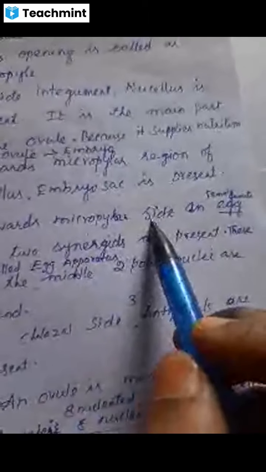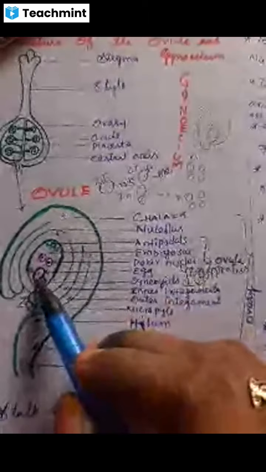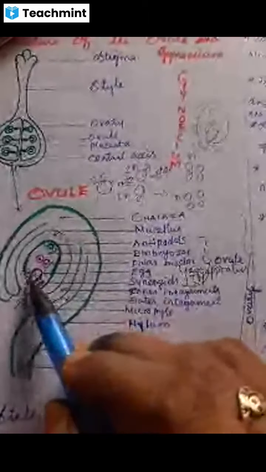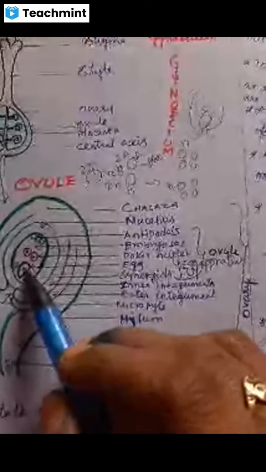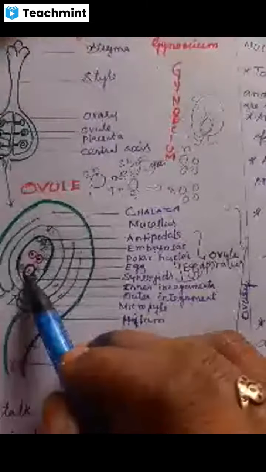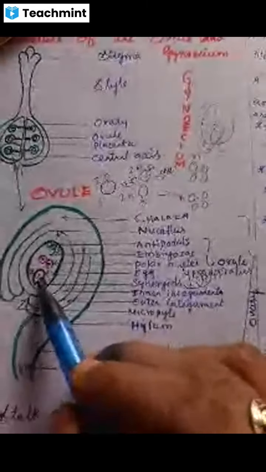Towards the micropylar side of the embryo sac, an egg and two synergids are present. The egg is the female gamete.